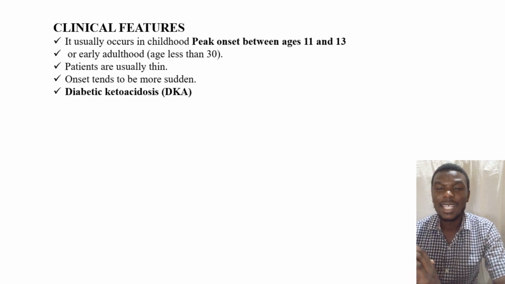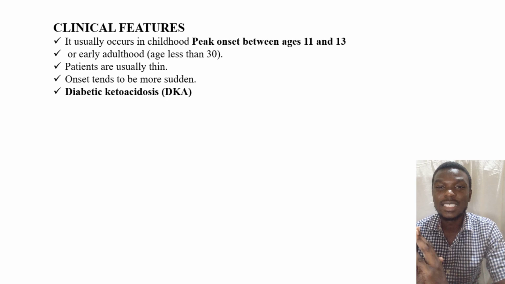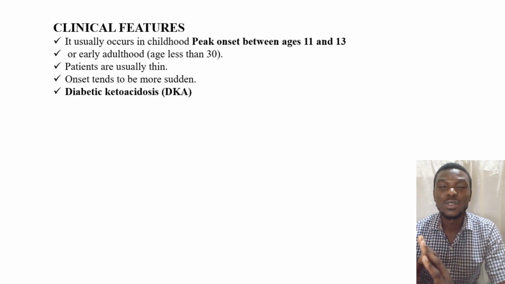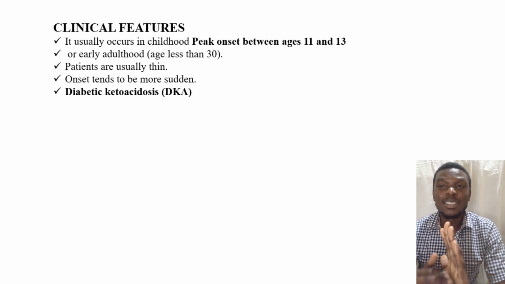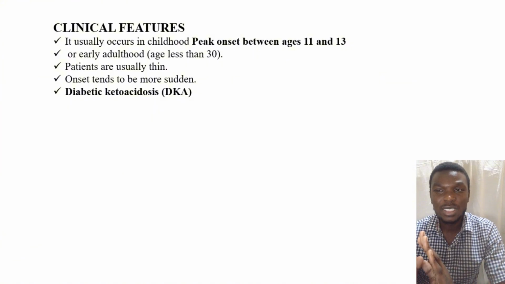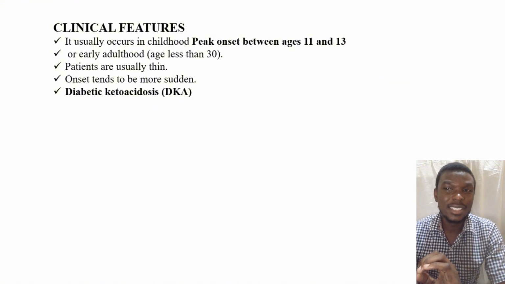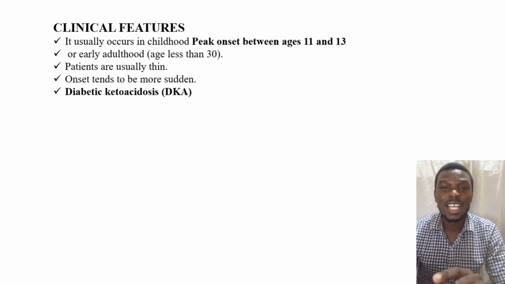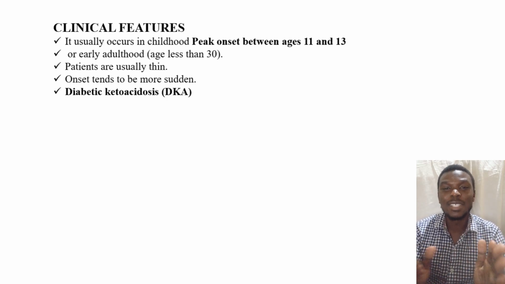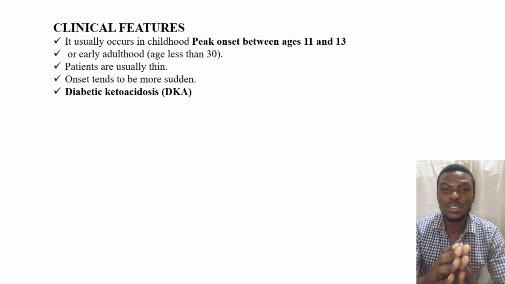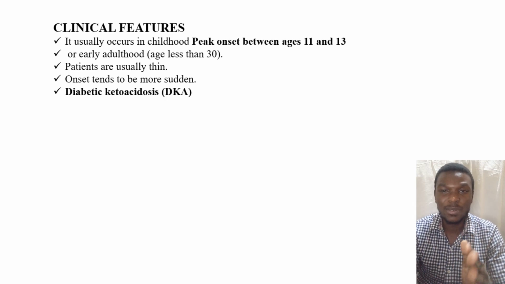Because this is an attack on these cells, most of these cells will just almost die at the same time. So the patient will just tip into diabetic ketoacidosis as one of the presentations. So the patient will just come with this complication because the cells have died almost at the same time. So it's not progressive. It usually happens in a short period of time.